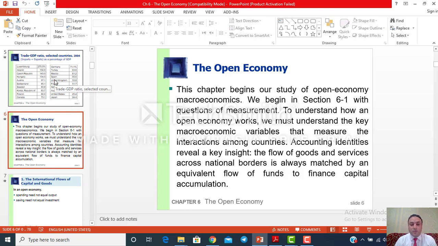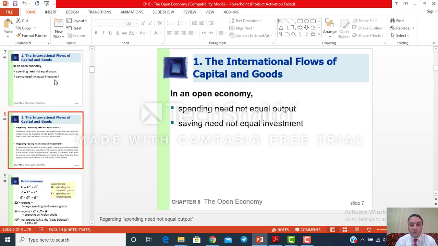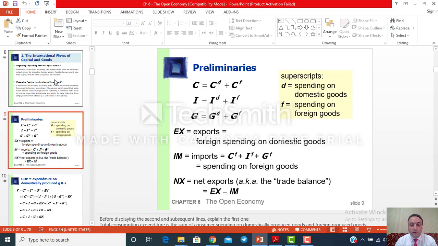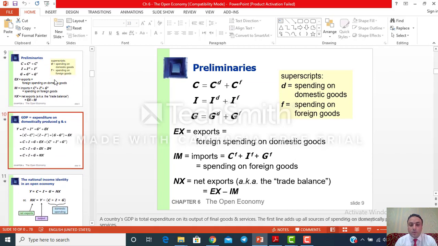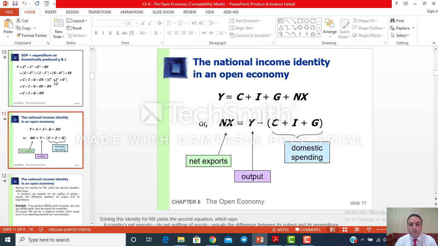And when exports and imports are equal, the trade is balanced.